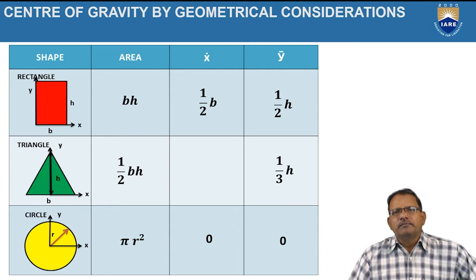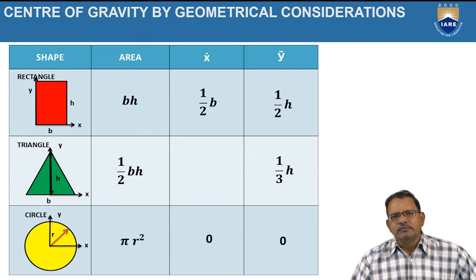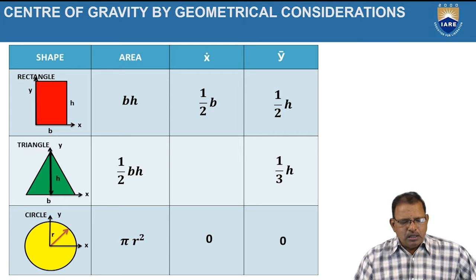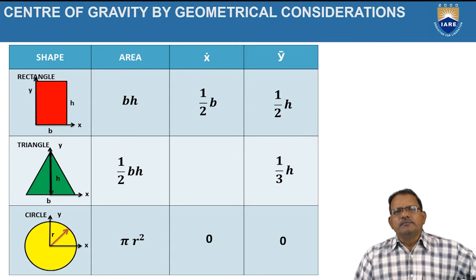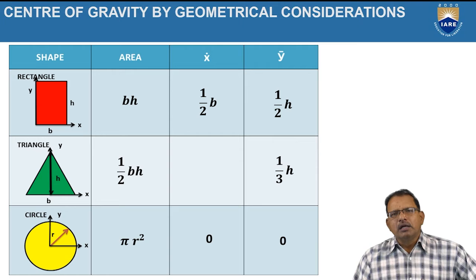The center of gravity by geometrical considerations. Here a rectangle is given. Let B represent the base and H the height of the body. It is a two-dimensional figure, so it is the centroid only that we are considering.